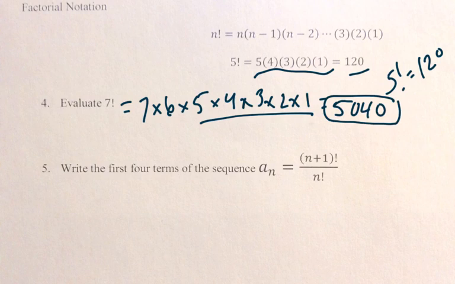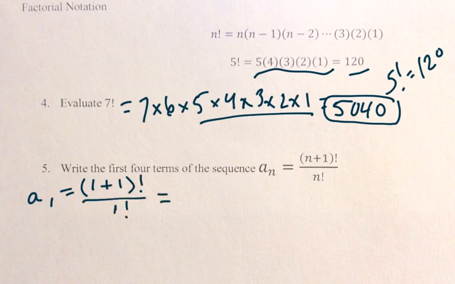Okay? Then, when we are asked to write the first 4 terms of the sequence a sub n equals (n plus 1) factorial over n factorial, let me show you what's going to happen. We're first going to take 1, and we get (1 plus 1) factorial over 1 factorial.